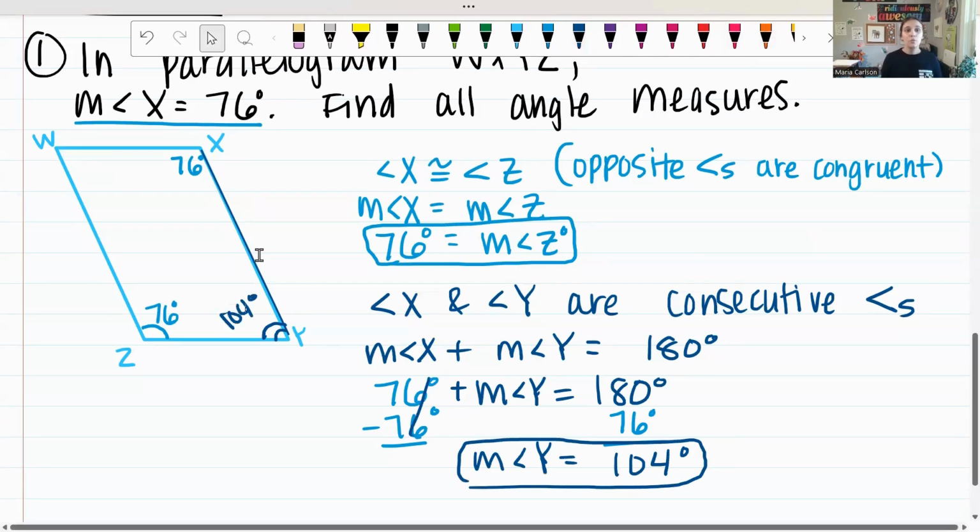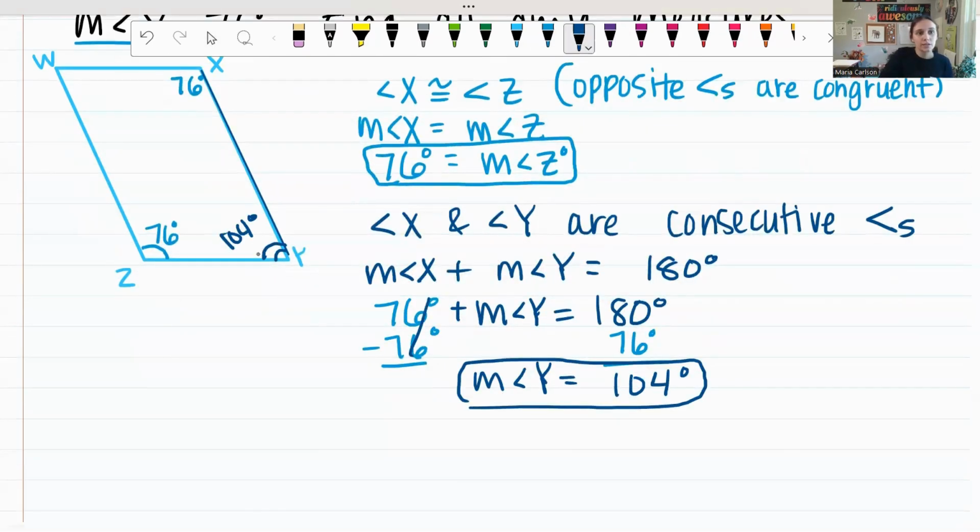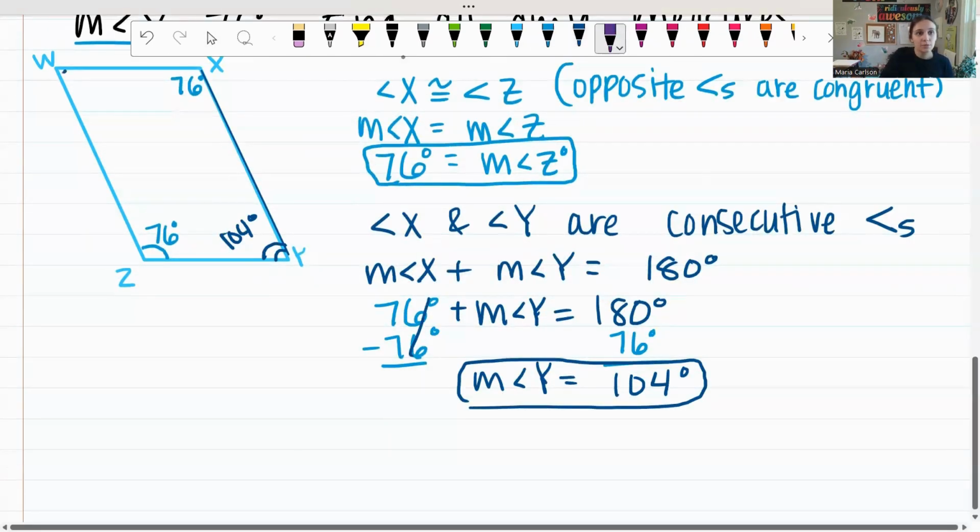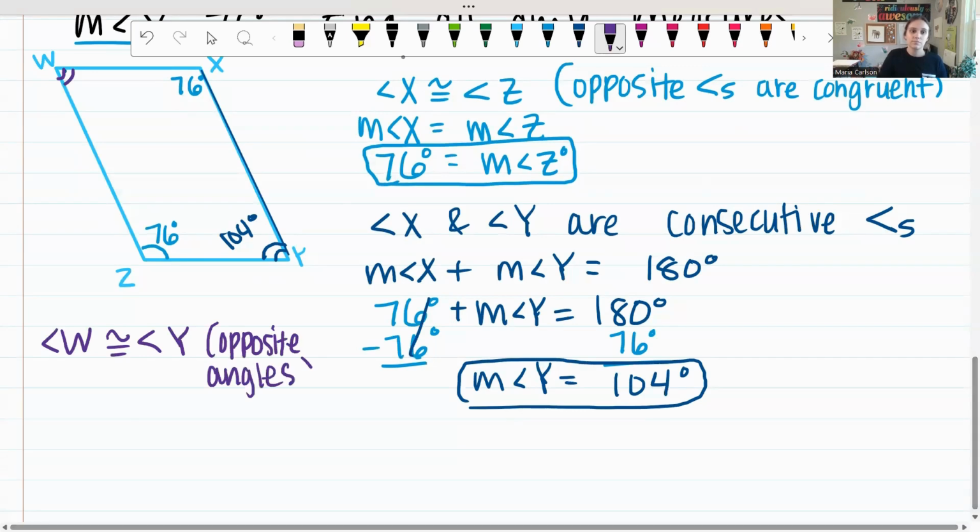And finally, if we know Y is 104, I can figure out then that W also has to be 104 because angle W is congruent to angle Y. These are more opposite angles, or the other set of opposite angles.